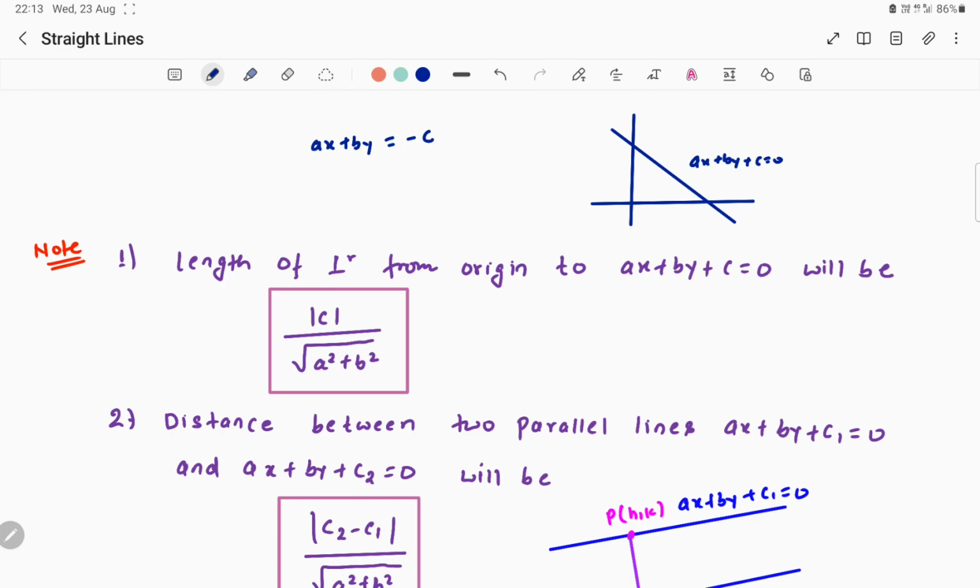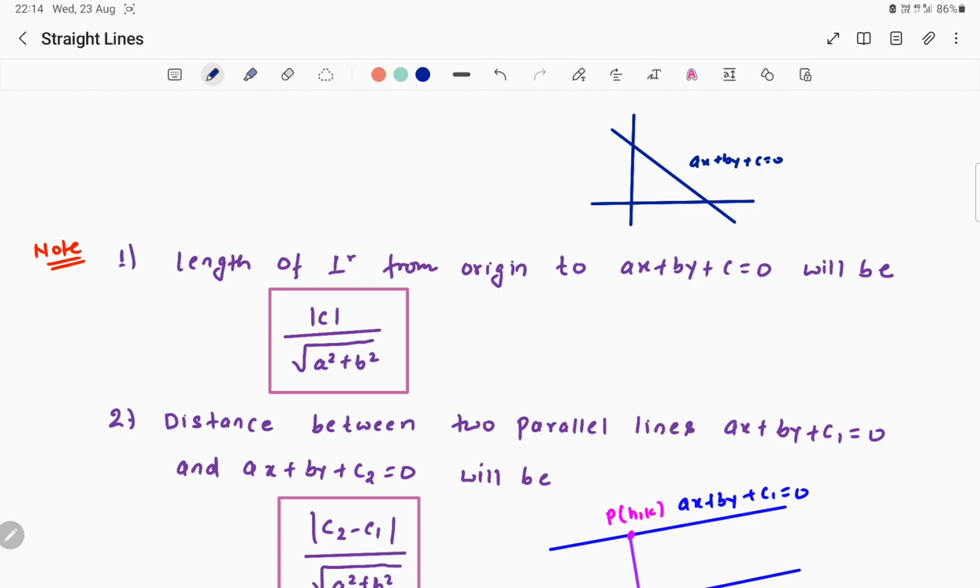If it is coming negative, multiply with a minus, and divide both sides by root under a square plus b square, and then this value is going to be p. P is the perpendicular distance from the origin. So now the time has come to verify whether what we got that time is right or wrong.